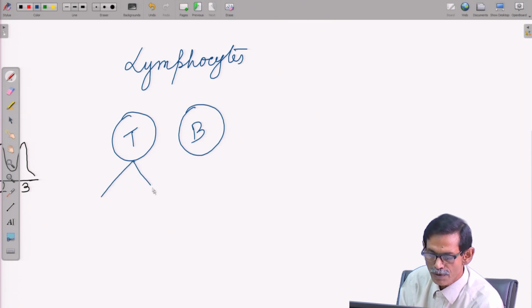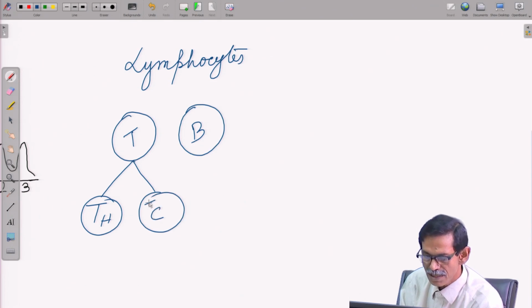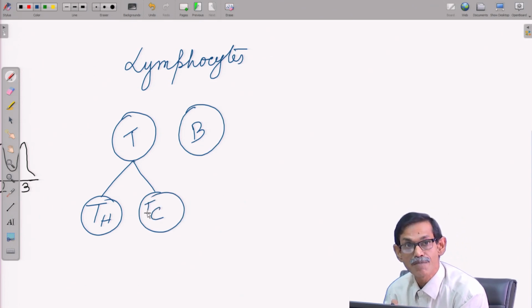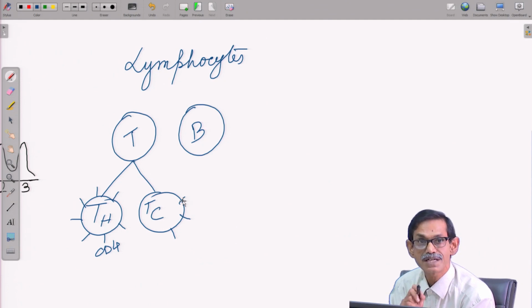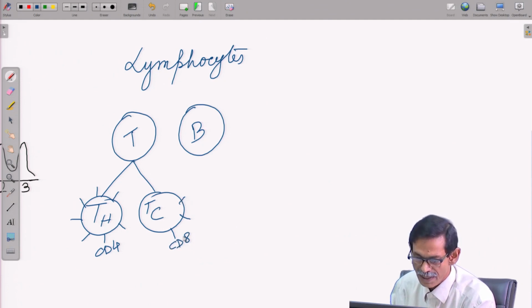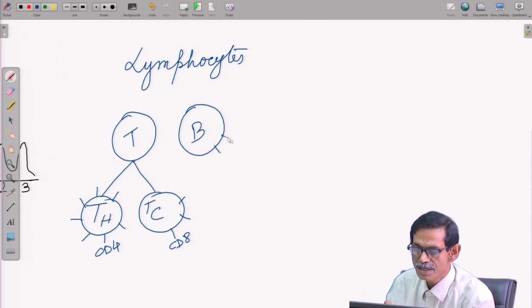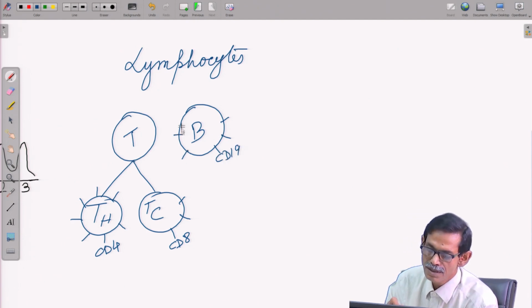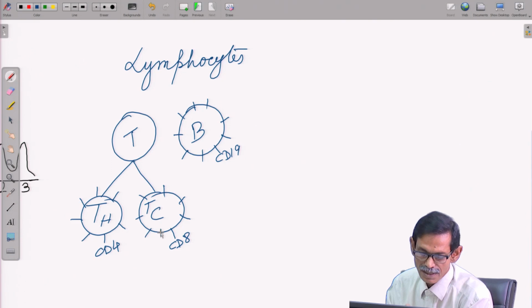In T cells also we have T helper cells, we have cytotoxic T cells, and we know what their markers are. T helper cell has what? CD4, they have many CD4. Okay. Similarly, cytotoxic T cell has what? Cytotoxic T cell has CD8. Okay. What I did not tell you, B cell has another kind of marker, it is CD19. So, it is okay. CD19 is there.